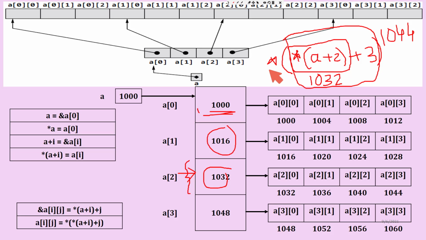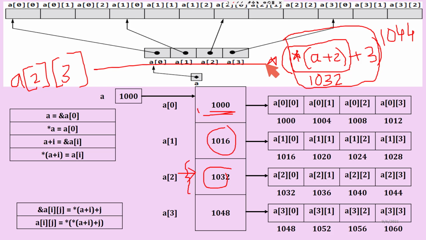What is star 1044? Value at 1044. Value at 1044 can be written as A of 2, 3. So this entire expression is equal to A of 2, 3.